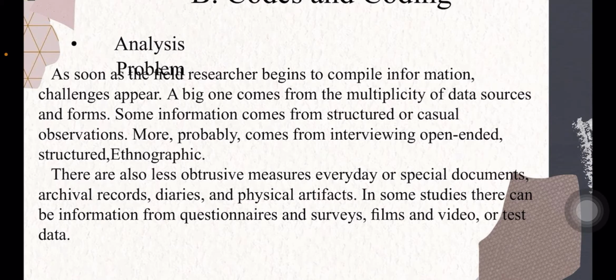There are also less obtrusive measures: everyday or special documents, archival records, diaries, and physical artifacts. In some studies, there can be information from questionnaires and surveys, film and video, or tests and projective data.